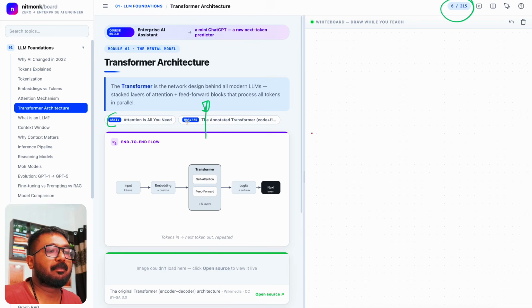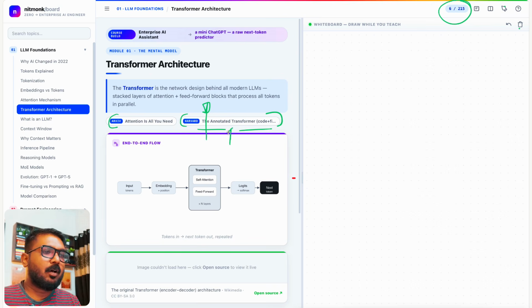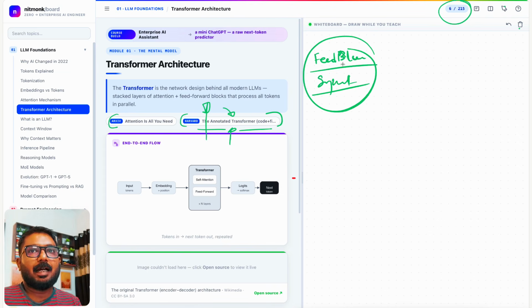And the same thing you can get from this paper and this blog. It will explain the complete structure of transformers, like how this feed block will work, how this input embedding will work, the basic infrastructure of LLMs. You can read this document and get it, right?